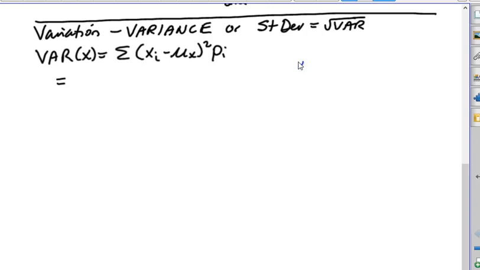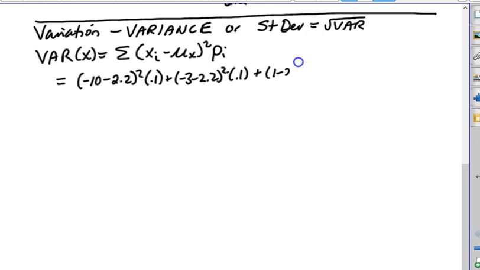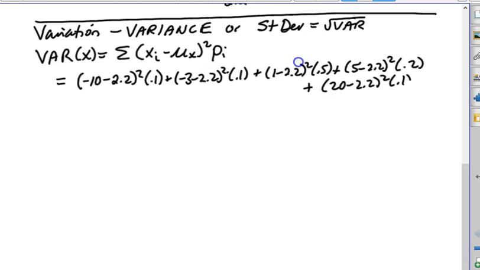We would do negative 10 minus 2.2 squared times its probability, which is 0.1, plus negative 3 minus 2.2 squared times 0.1, plus 1 minus 2.2 squared times 0.5, plus 5 minus 2.2 squared times 0.2, plus 20 minus 2.2 squared times 0.1.